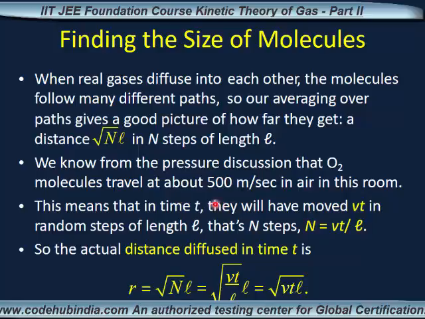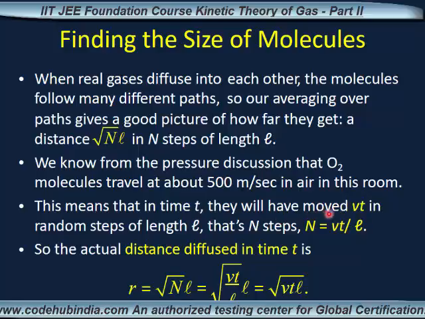We have that the thermal velocity is 500 meters per second at room temperature. This means that at time t we travel a distance vt.